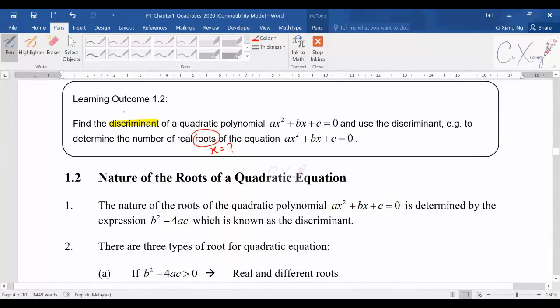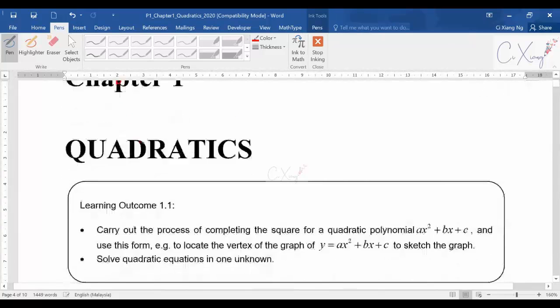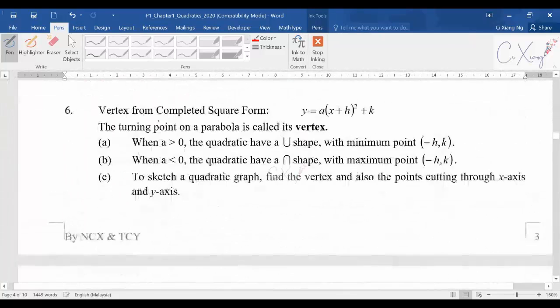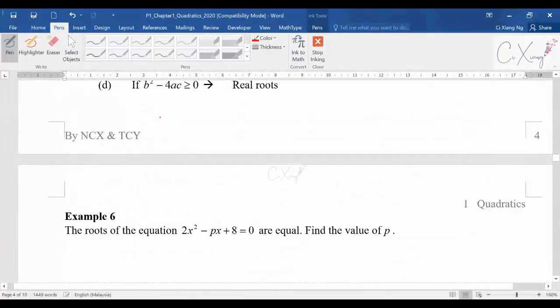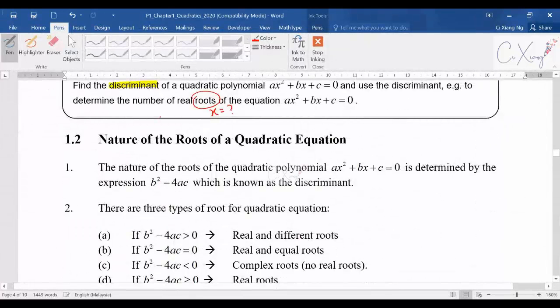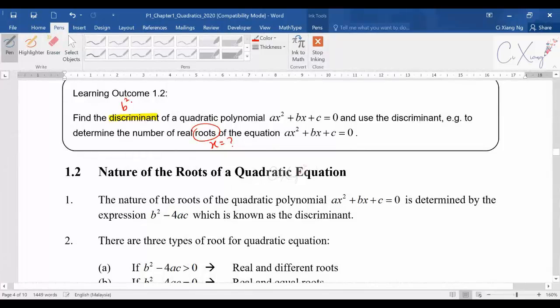So what is the discriminant? The discriminant generally is the expression b squared minus 4ac. So you have to know that when they mention the word discriminant for a quadratic polynomial or quadratic expression, generally it means b squared minus 4ac.